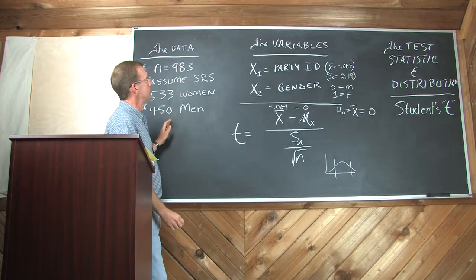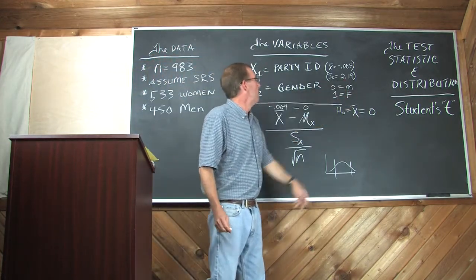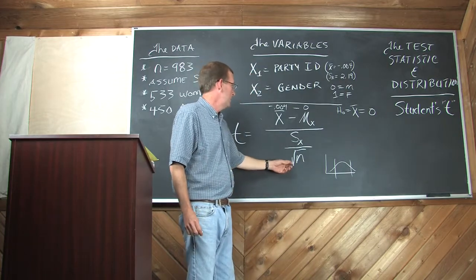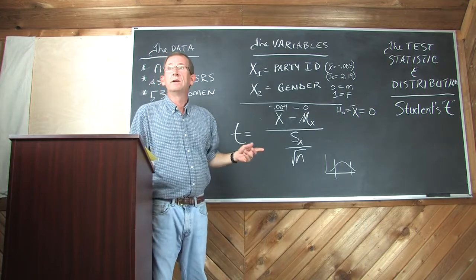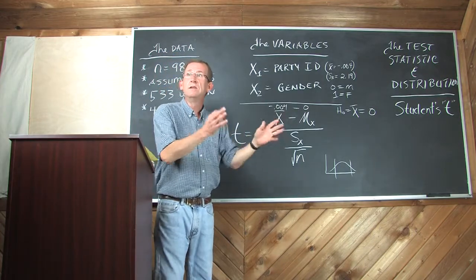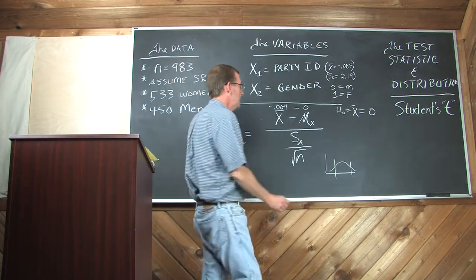All those numbers are here on the board. The standard deviation of x is 2.19, the sample size 983. Everything you need to do the arithmetic is on the board to find t.